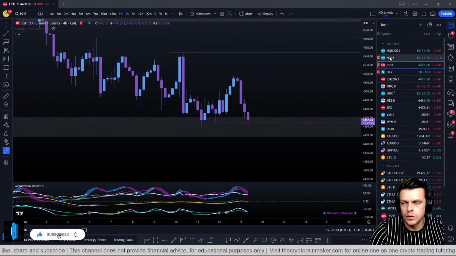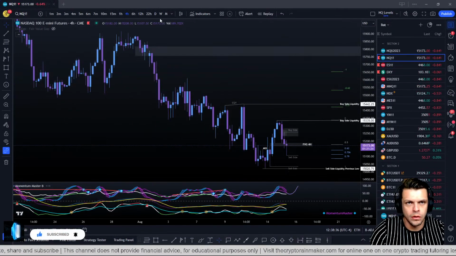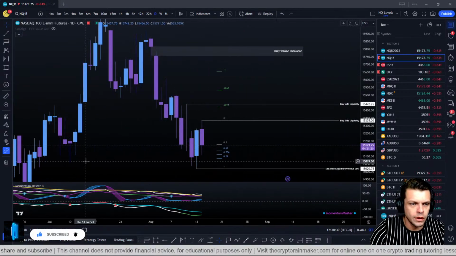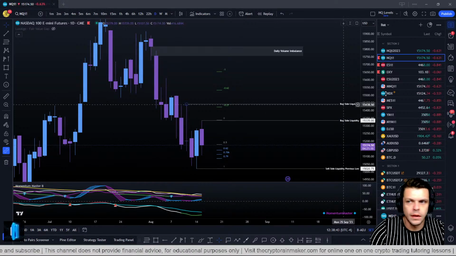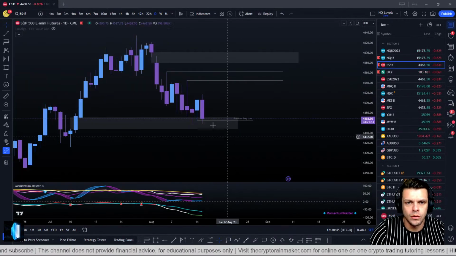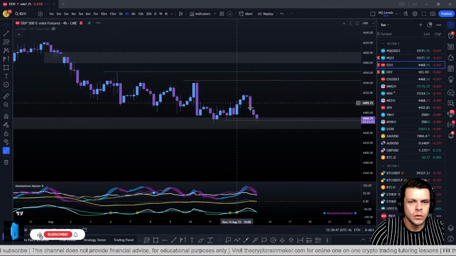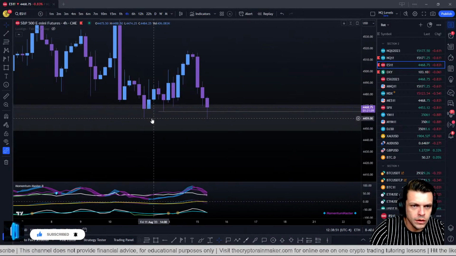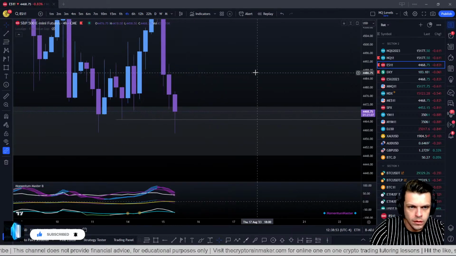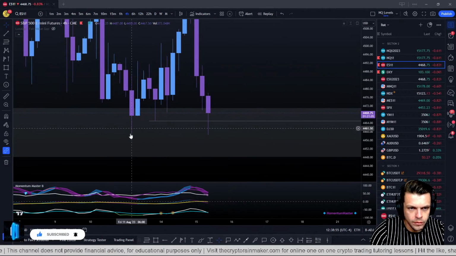Okay, so this might be because on the Nasdaq it took out the major liquidity pools on the daily, whereas ES did not do that. So maybe this little move, let's quickly see if it took out this low as well. Just kind of tapped into it.